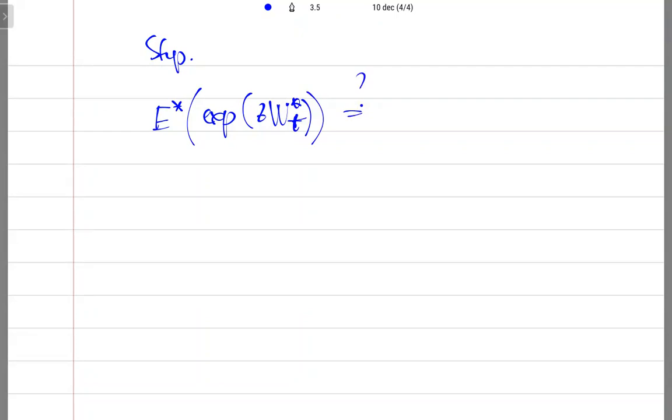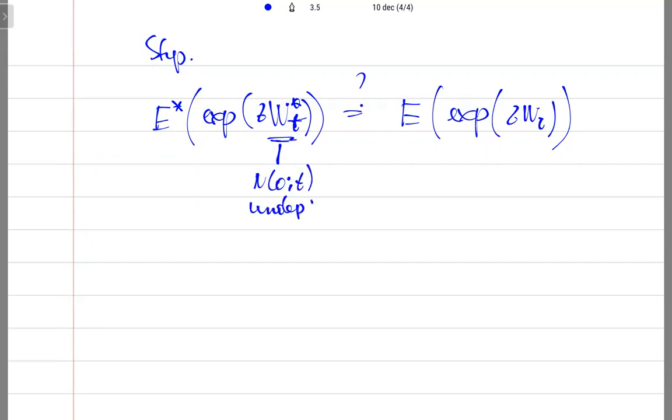Basically, it's the same thing. If I drop both stars, what is important is that this guy is normal (0, t) under P star, and I use P star. That guy is normal (0, t) under probability measure P, and P is used there. So the idea is they are equal.